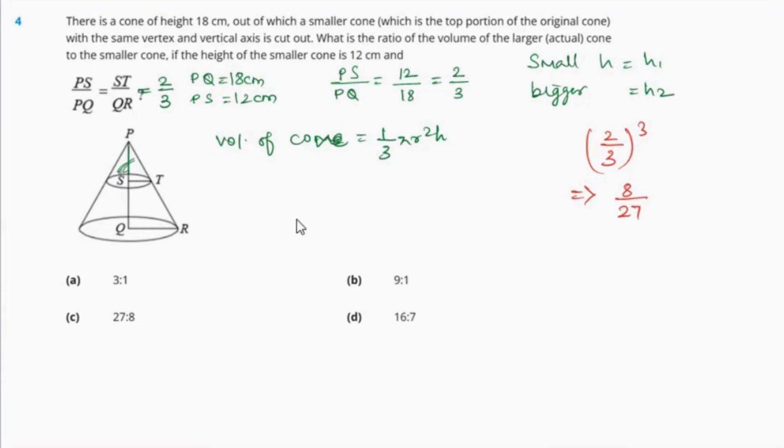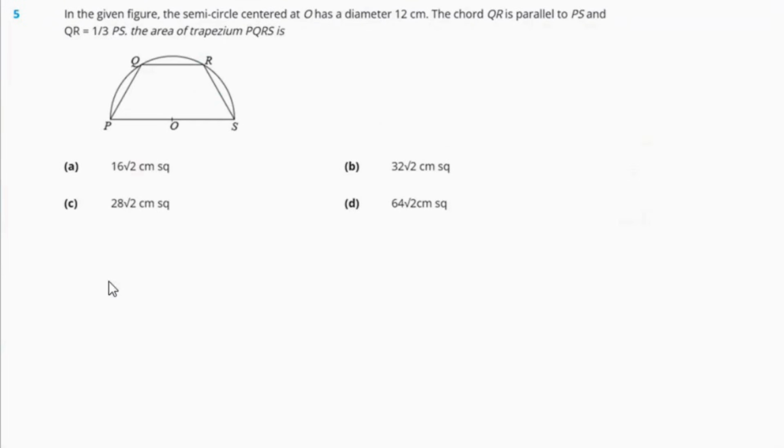Since the question is asking for the ratio of the volume of the larger cone to the volume of the smaller cone, that needs to be 27 by 8, which means the ratio needs to be 27 to 8, which is option C.